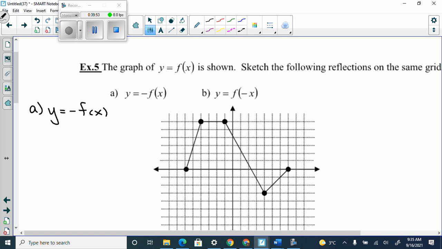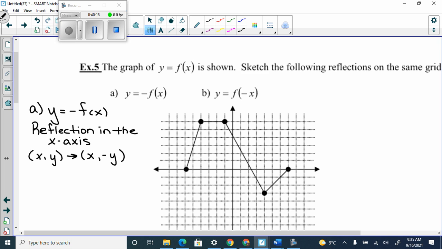Outside the brackets, it affects my y's, and it takes my y's and makes them negative, so I'm going to reflect on the x-axis. What's my mapping? Mapping is easy from the equation, because if it's not in the brackets, it goes against my y's, right?